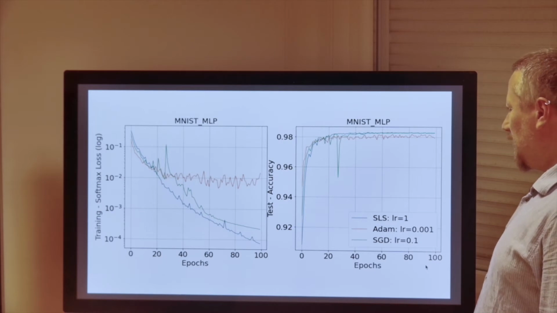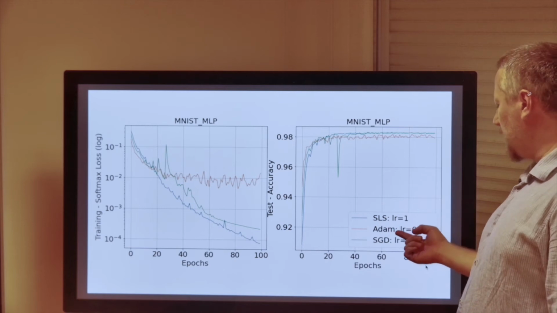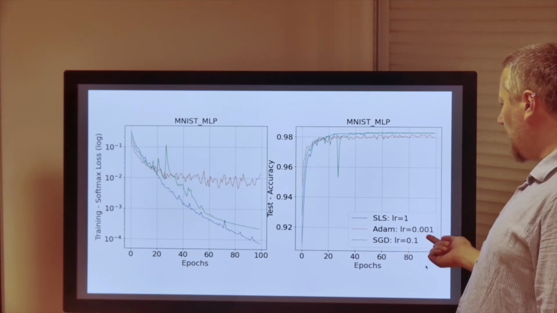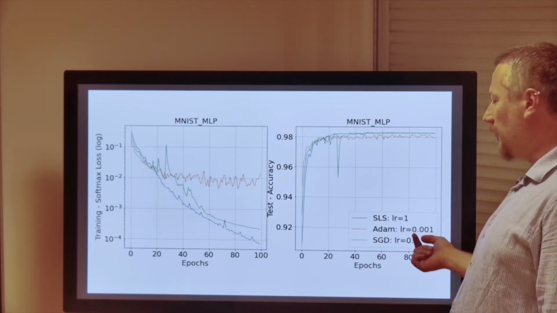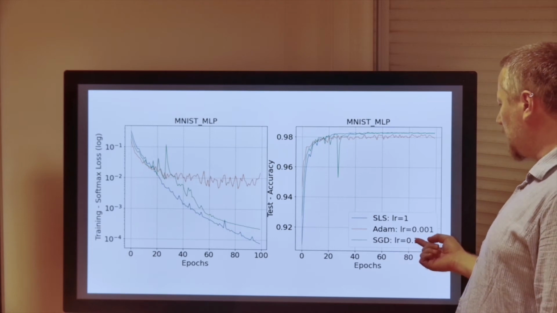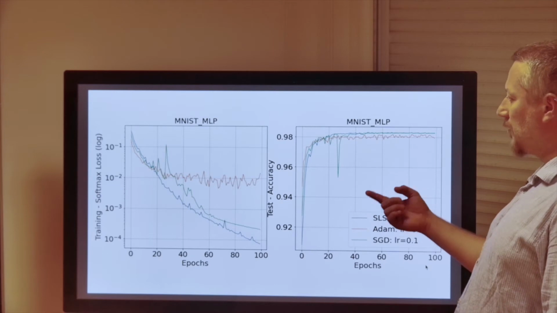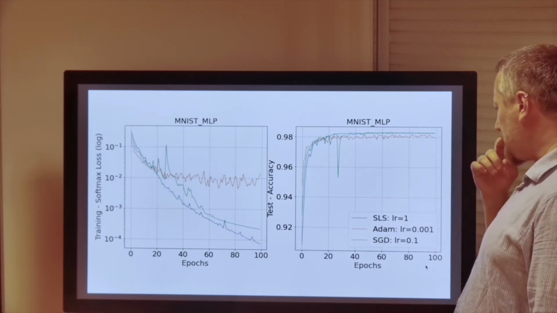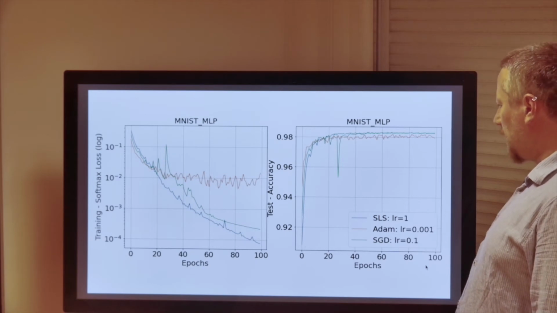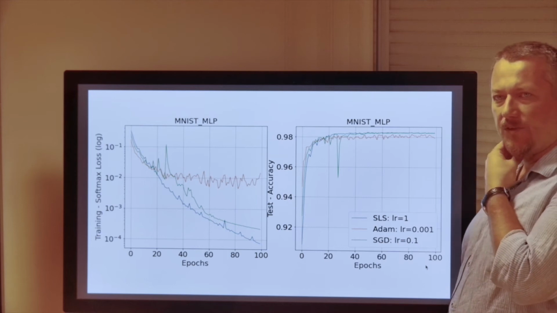All right, so here are some experiments. We have Adam with its default learning rate 0.001, and then SGD with its default learning rate of 0.1. And these are really the best performing constant learning rates here. And then we have SLS with learning rate 1, c chosen as 0.1 here, and gamma is 0.9.